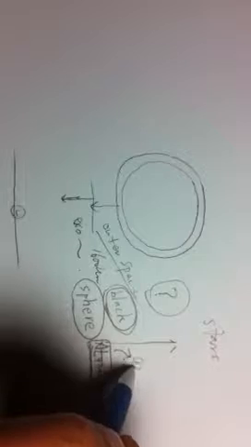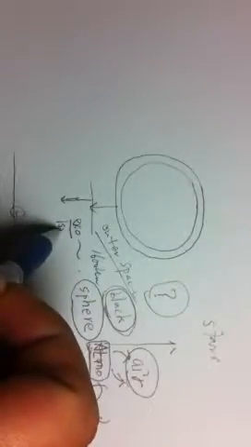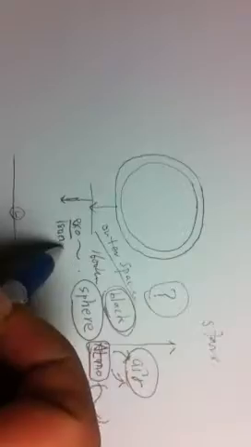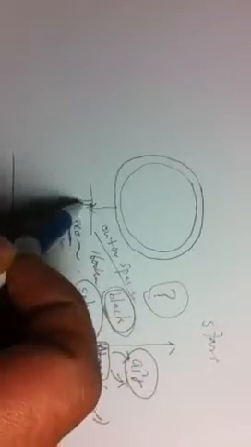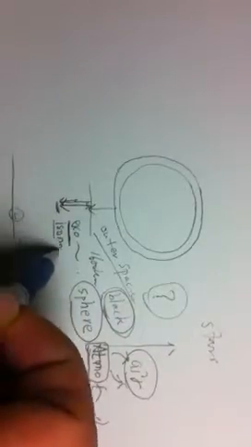Atmo means, I think, air. I'm not sure about that in Greek. That's my guess. Exo is quite a long range, and ionosphere.